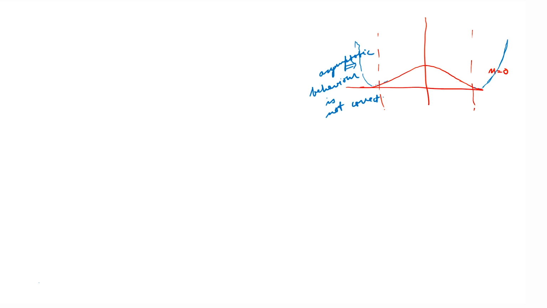So, the question is how to get the correct asymptotic behavior. To achieve this, we will perform 2 integrations. So far we have been performing just one integration, starting from x equals 0 to x max.